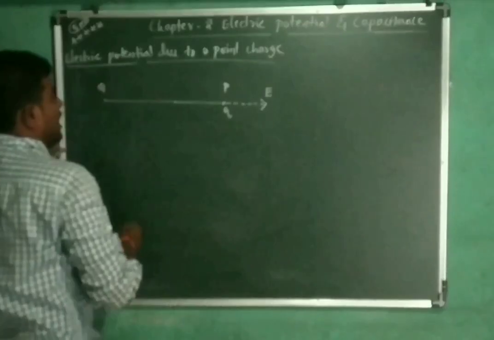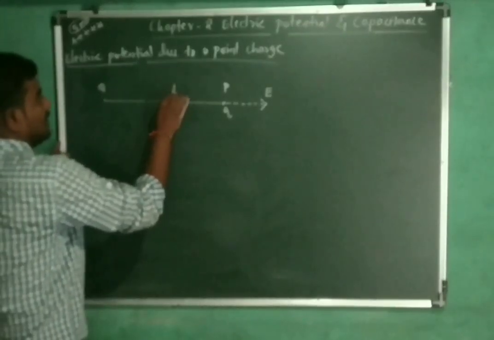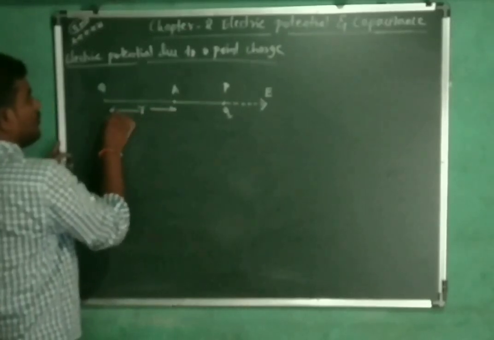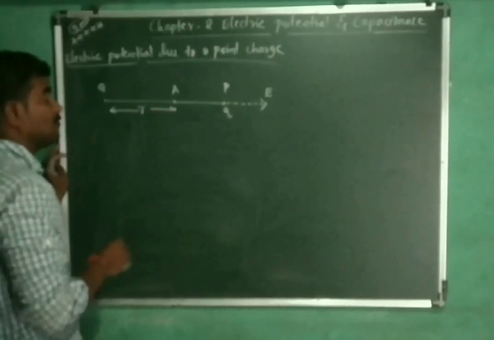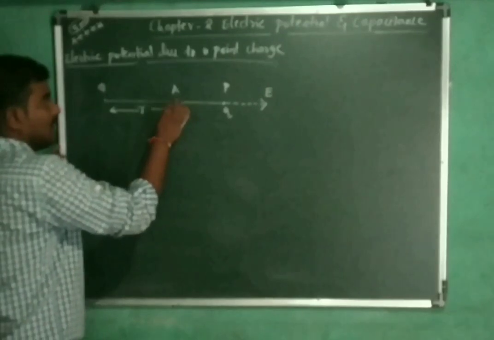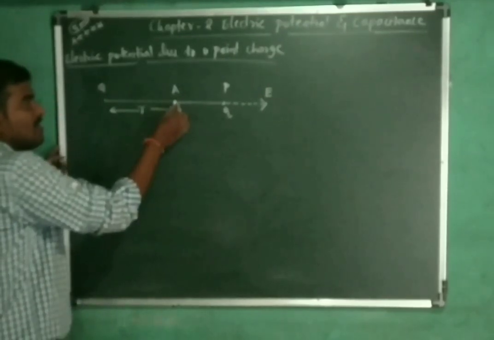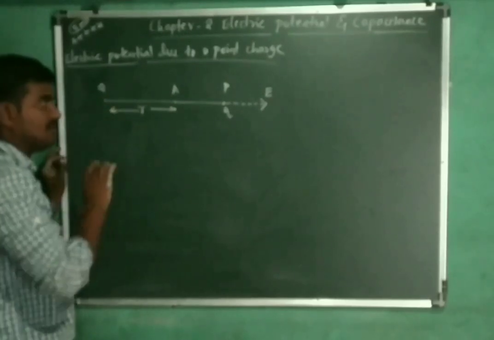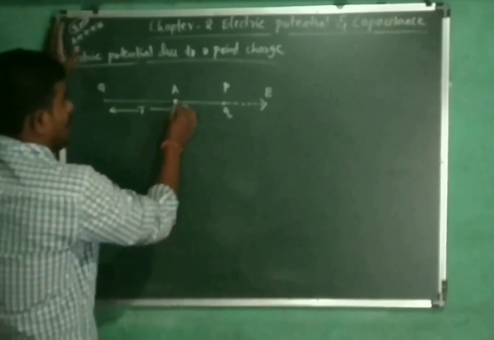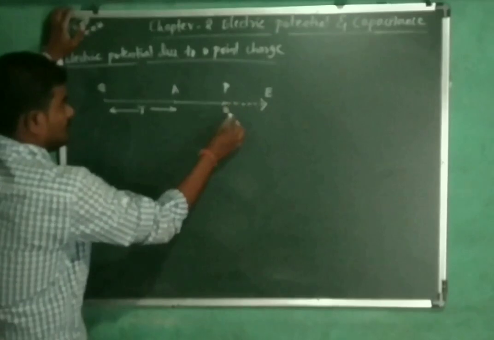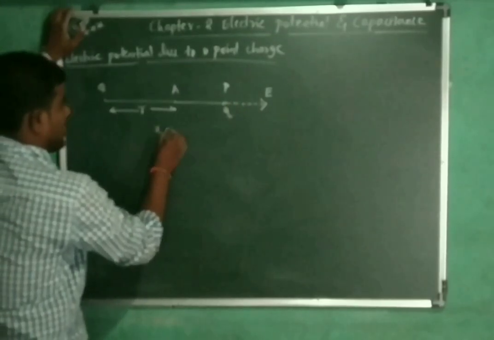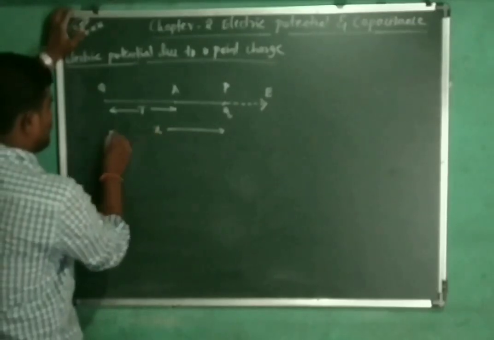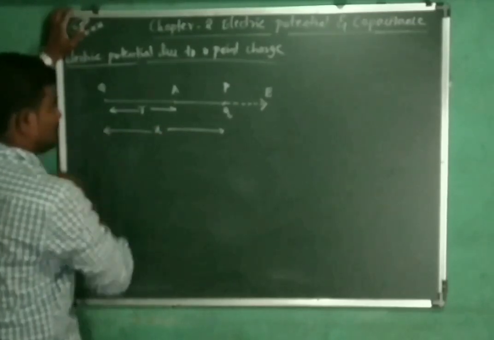Consider a point, let us call it A, at a distance r from the source charge, where we are supposed to find out electric potential. The question is, what is the electric potential at point A due to this source charge? And this unit positive charge is located at a distance of x from the source charge.